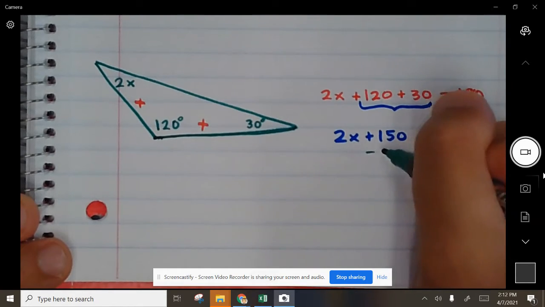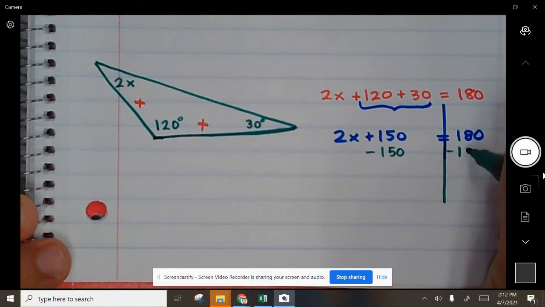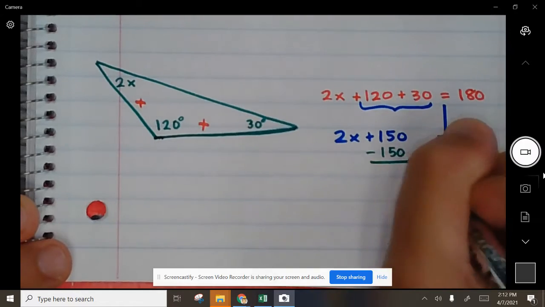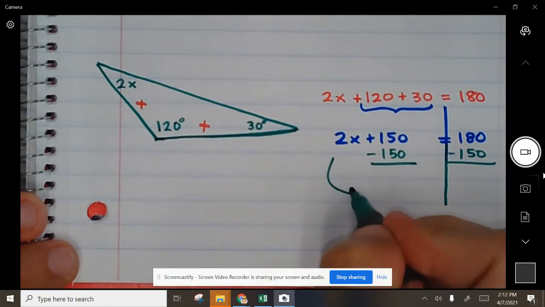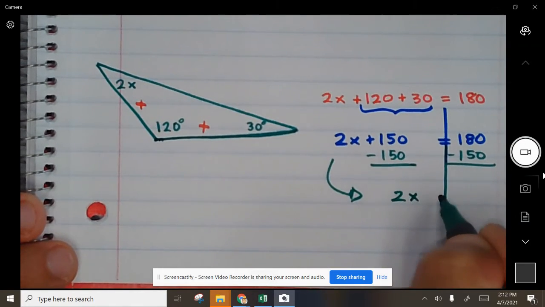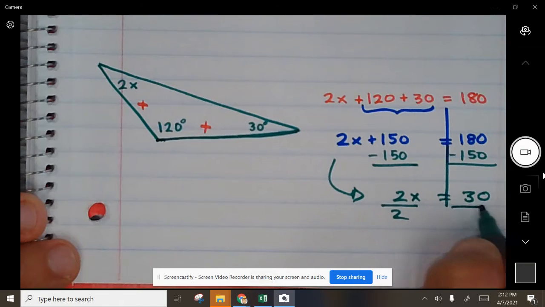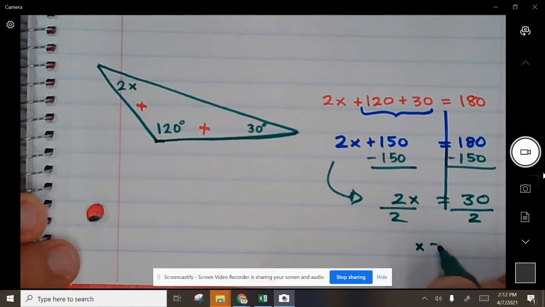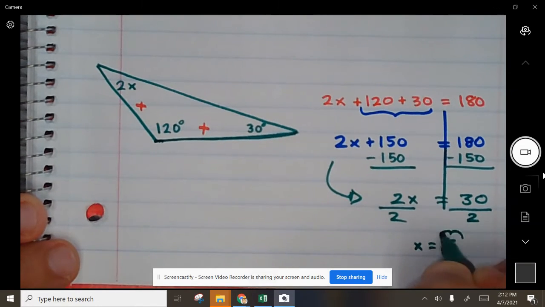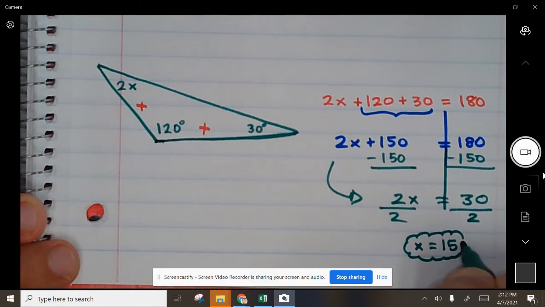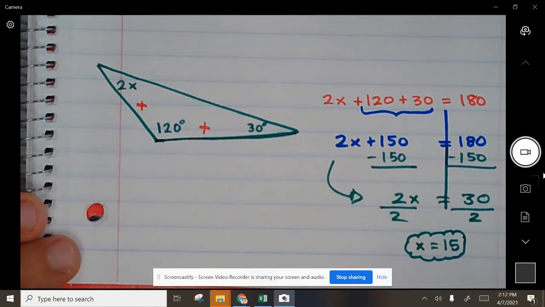We got to get rid of that 150. Bring down the 2x. 2x equals 30. X equals 15.